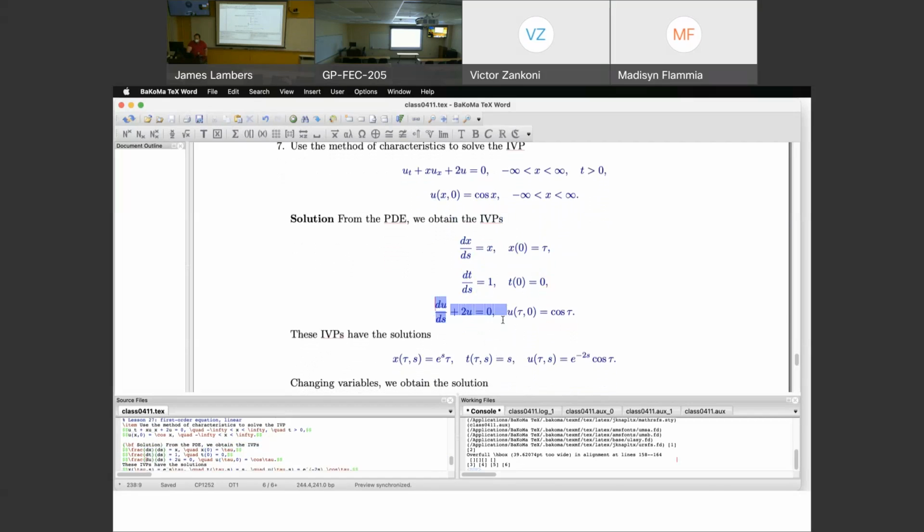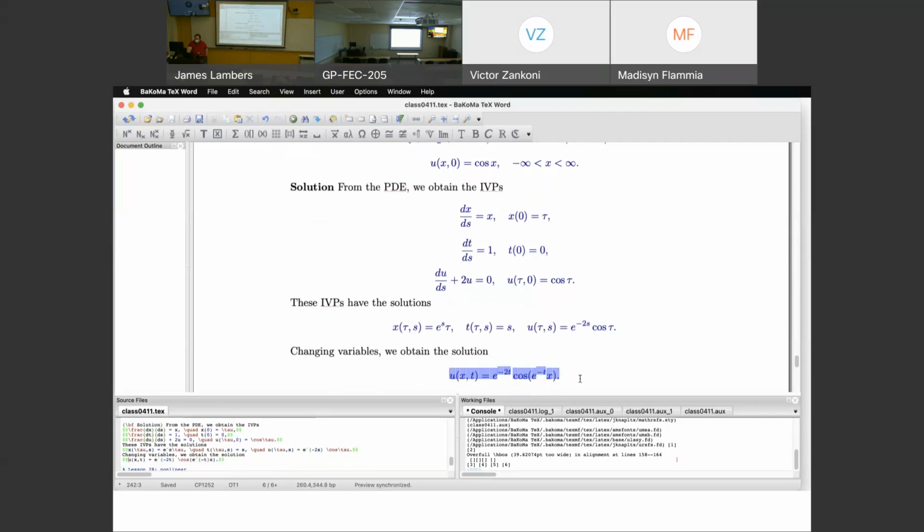When you solve this, you have a solution in terms of the wrong variables, s and tau. But then you use these, where you have x and t in terms of s and tau. So you reverse them. You want to express tau and s in terms of x and t. And you can fill those in here to get your final solution, u of x, t.